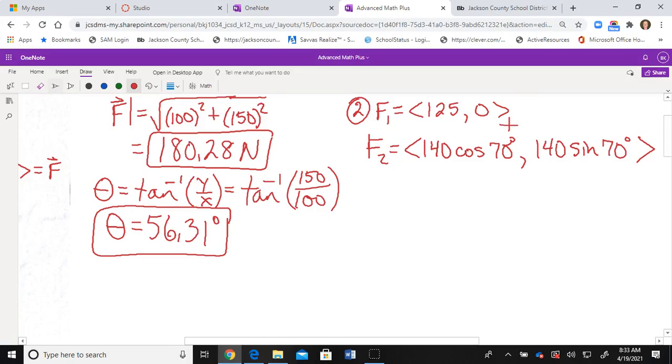So my final vector for the force is going to be 125 plus 140 cosine of 70, okay? And then 0 plus 140 sine of 70. So I just get to leave that one as 140 sine of 70.